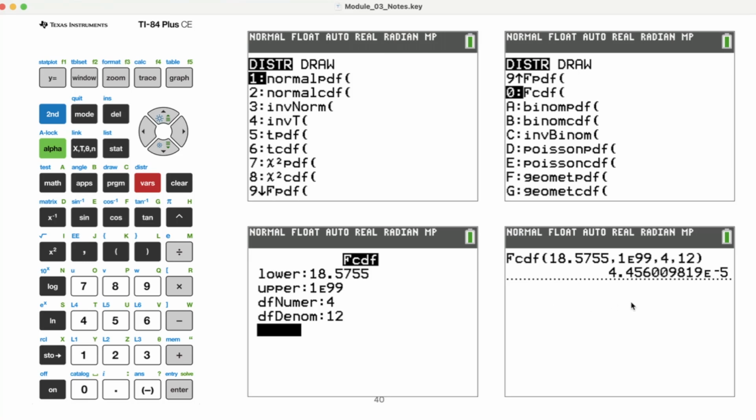The resulting value, which is the p-value for this test, turns out to be 4.456 times 10 to the negative fifth. So it is a very small p-value, and there is strong evidence that the null hypothesis is not true. There is strong evidence that at least one of the treatment means is different than the others.